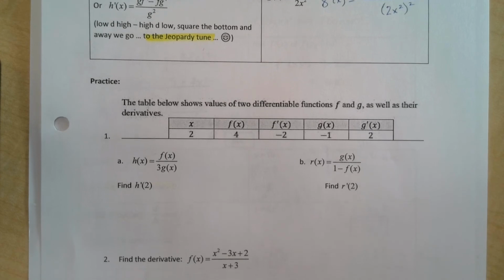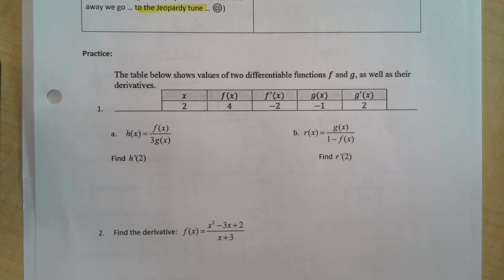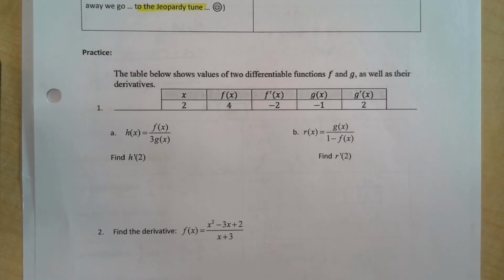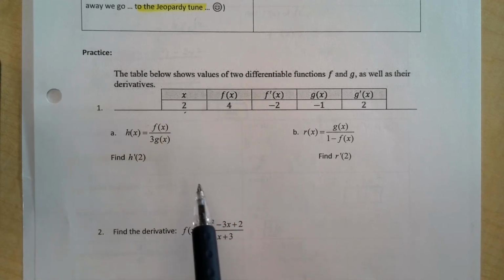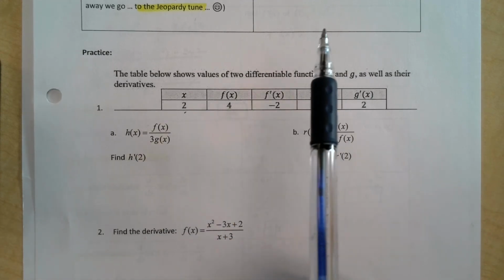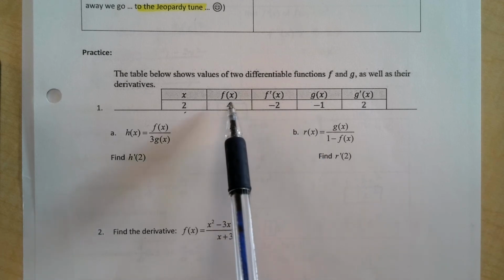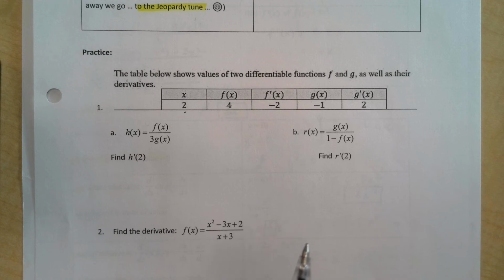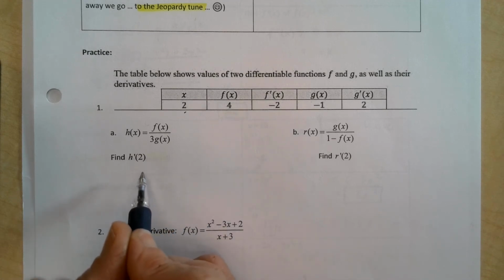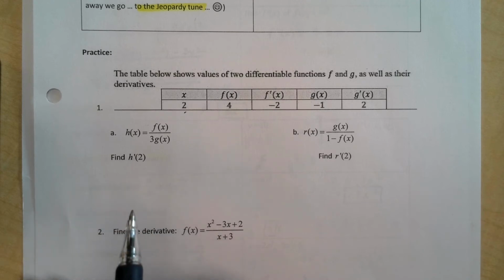Okay, we'll go back and look at our table. Same kind of exercise as before. We have input values, and we have an f and a g function, and we have some different things going on. So we'll say find h prime of 2.